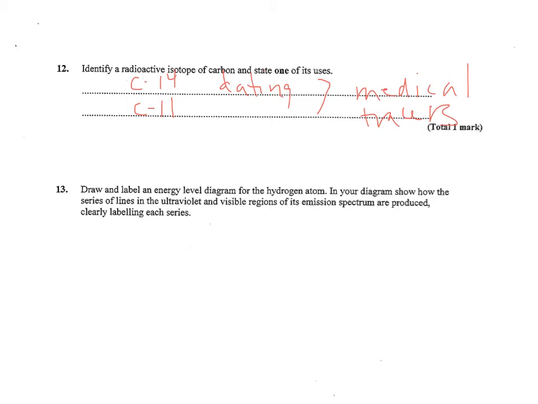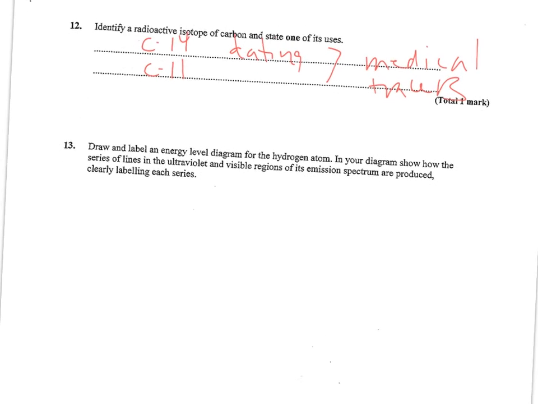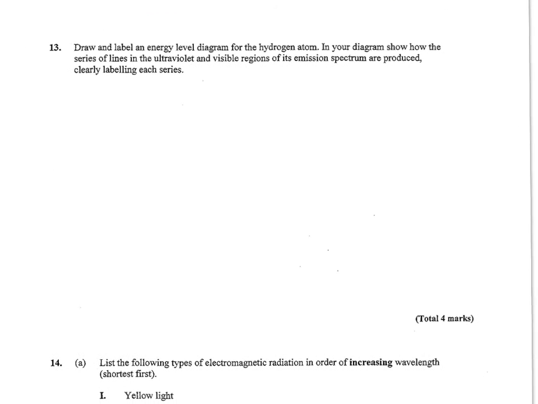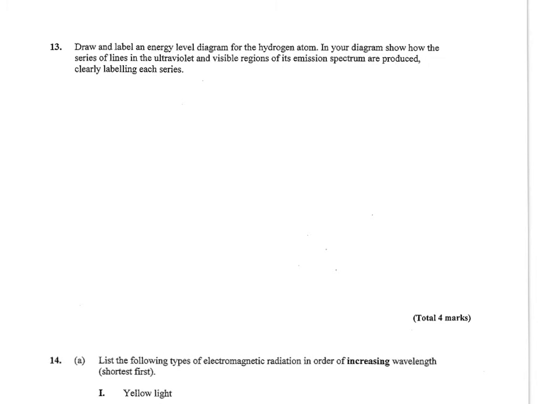Number 13, you were supposed to draw and label an energy level diagram for the hydrogen atom. In your diagram, show how the series of lines in ultraviolet and visible regions of its emission spectrum are produced. So ultraviolet and visible, clearly labeling each series.